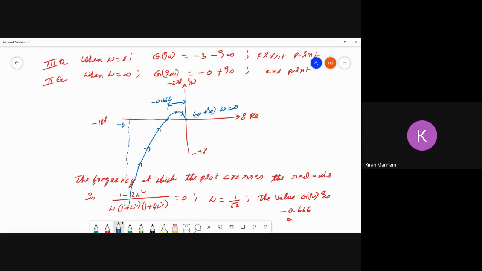In this case, the crossover point is minus 0.66, and this would be minus 3. Okay, so the point will be minus 3 minus j infinity at omega equal to 0, right?